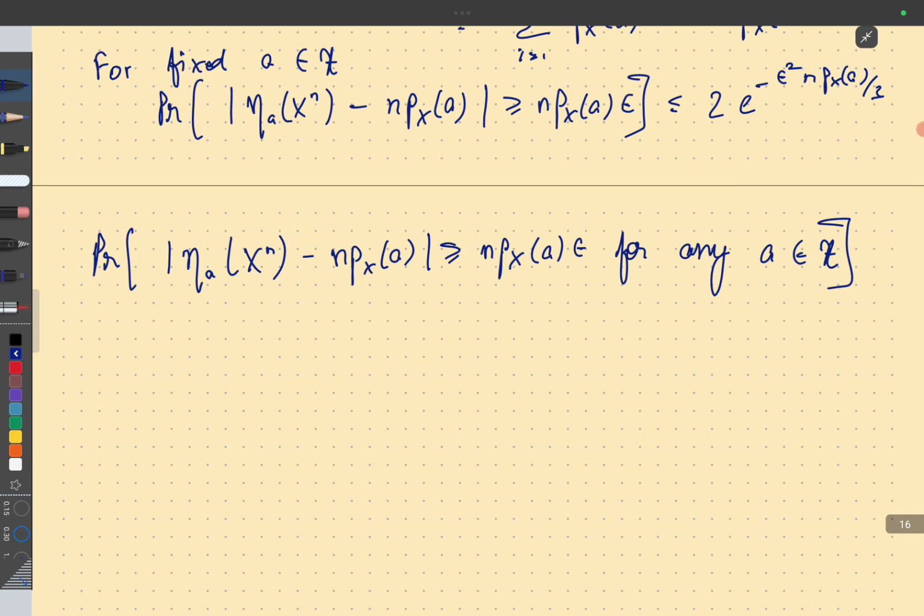The set script X contains 0, 1, 2, or 3. Effectively what I want to know is what is the probability that the number of times 0 occurs is close to n times Px of 0, and 1 occurs is close to n times Px of 1, and 2 occurs is close to n times Px of 2, and so on? Or essentially, what is the complement? What is the probability that any one of the symbols deviates from its expected value by an amount n times the probability times epsilon?